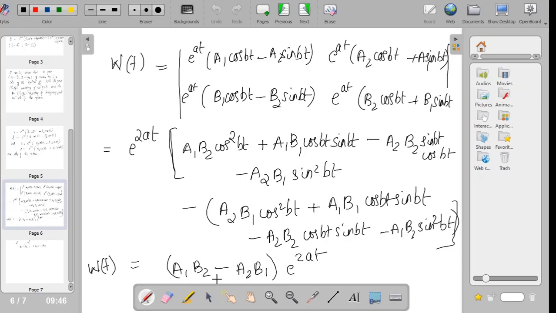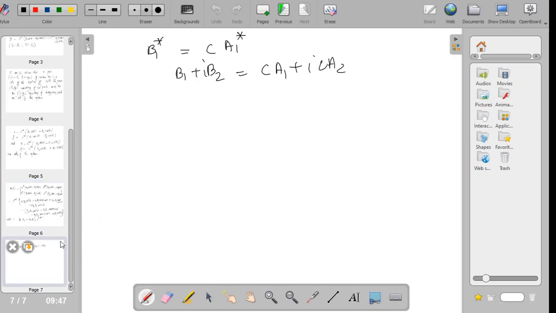So if B1 is a constant multiple of A1, then A1 B2 minus A2 B1 will be equal to 0. For the solutions to be linearly independent, A1 must not be a constant multiple of A2. That is the condition for the Wronskian to be not equal to 0.